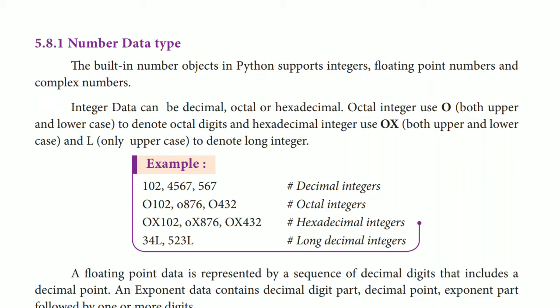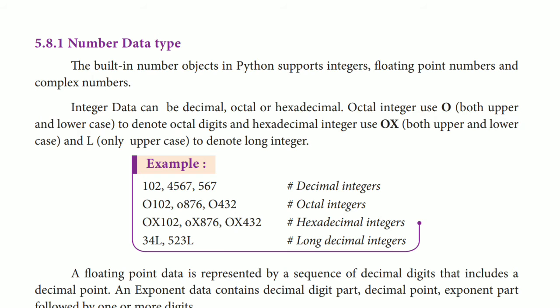Here you can see 102, 4567 and 567. These are all regular whole numbers. Next is octal. Capital O or small letter o can be used in front of any octal number to denote that this is an octal number.